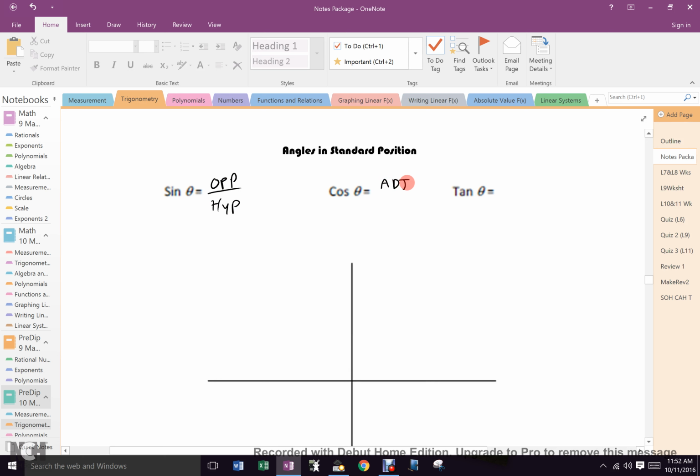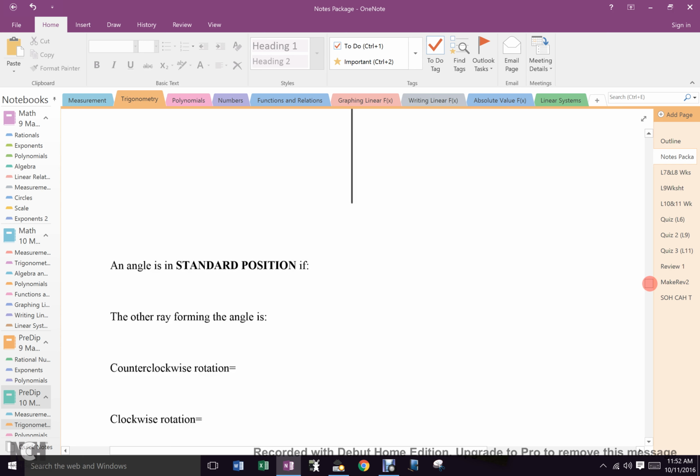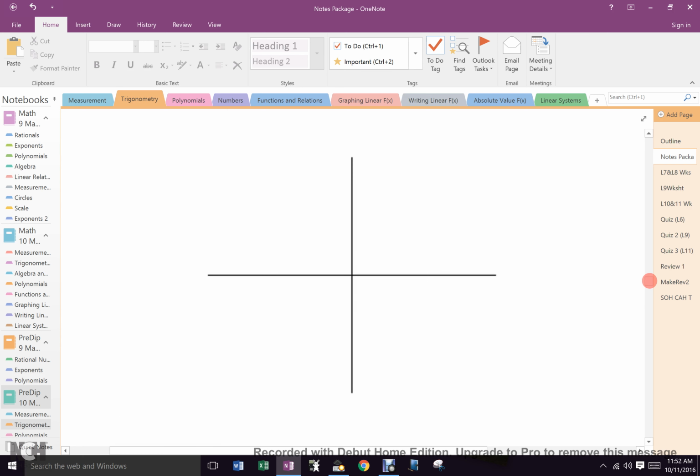Adjacent over hypotenuse. And what is tan? Opposite over adjacent. Now you guys are aware of all three of those. You're quite comfortable with them. But we are going to, as I said, expand that from where we have started.